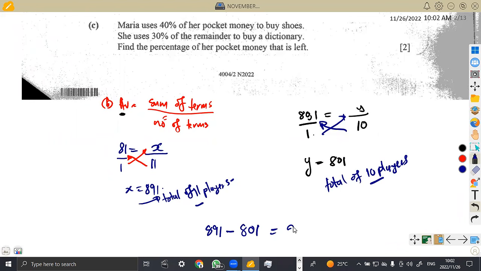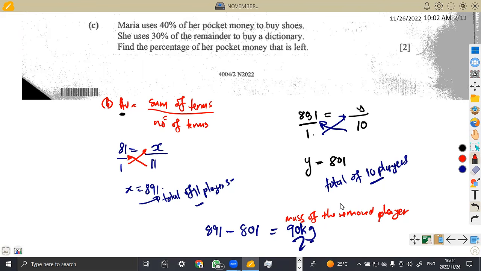So the player that was removed was actually having 90 kgs. This is the mass of the removed player.